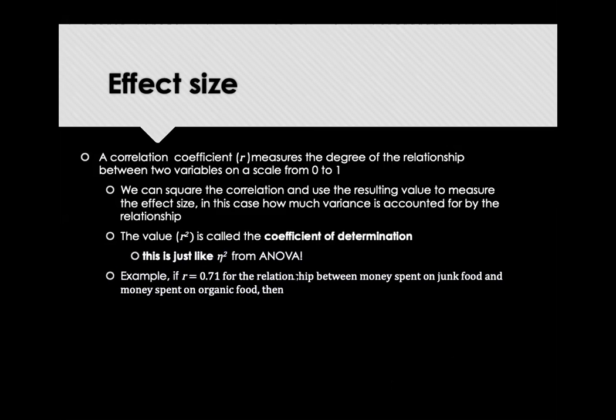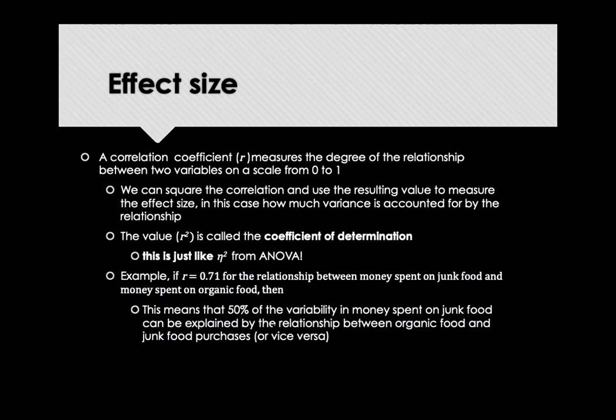For example, if we computed R to be 0.71 for the relationship between money spent on junk food and money spent on organic food, that would mean that 50% of the variability in money spent on junk food can be explained by the relationship between organic food and junk food purchases, or vice versa.